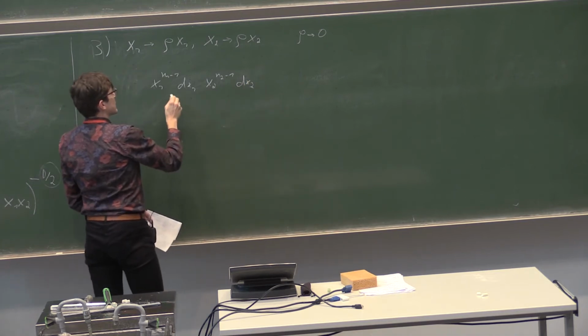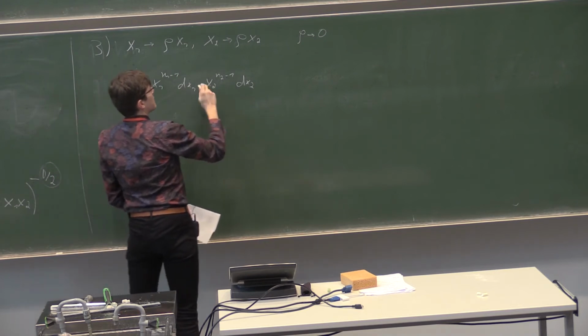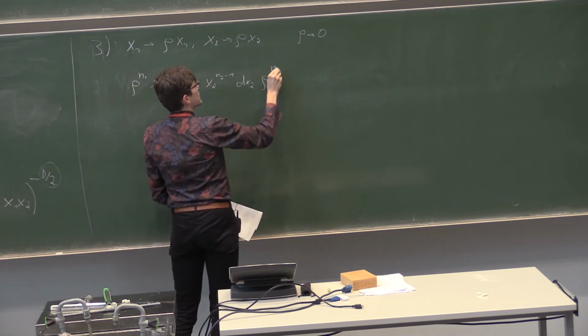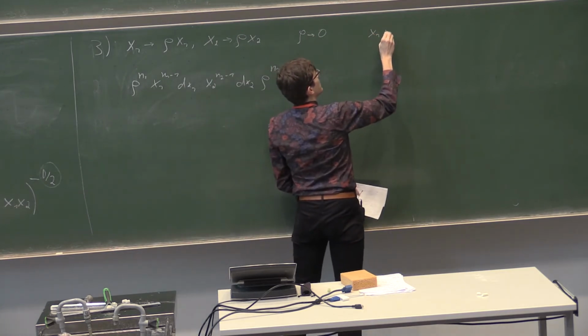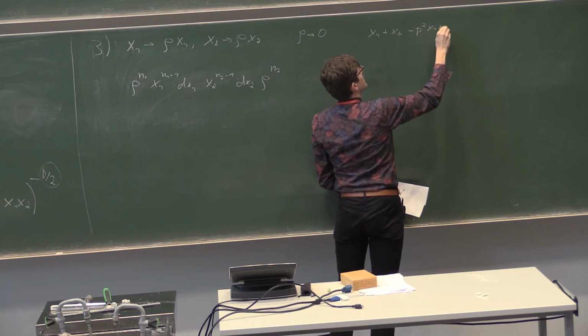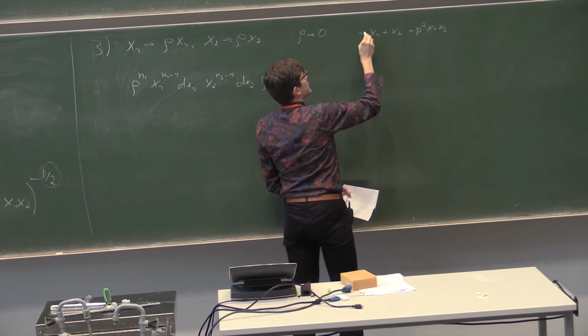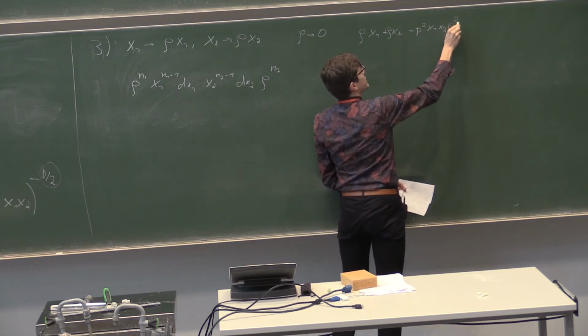So now this gives us a factor rho to the n1 under this rescaling. Here we get a factor rho to the n2 from this measure. And then we had the polynomial x1 plus x2 minus p squared x1 x2. Now this gets a factor of rho, this gets a factor of rho, this gets a factor of rho squared.